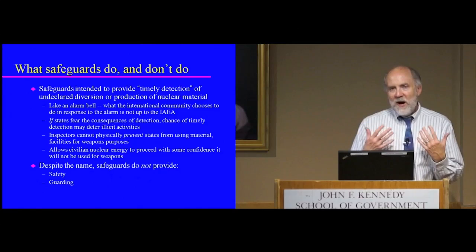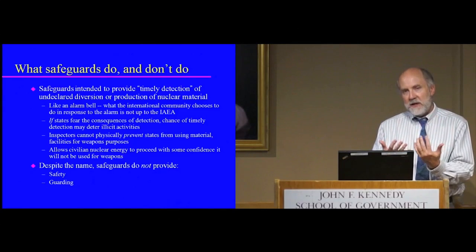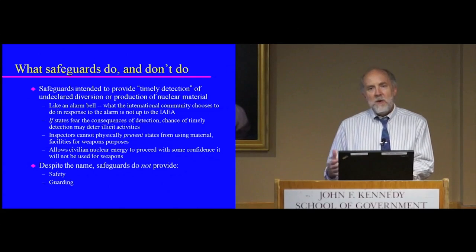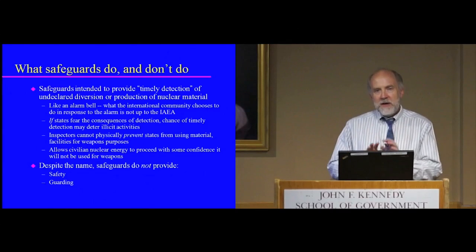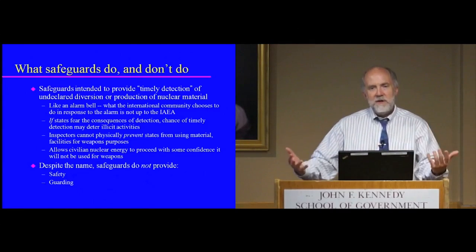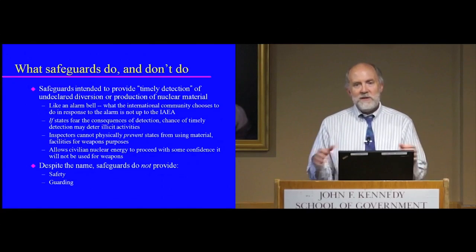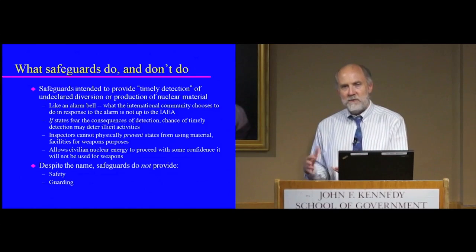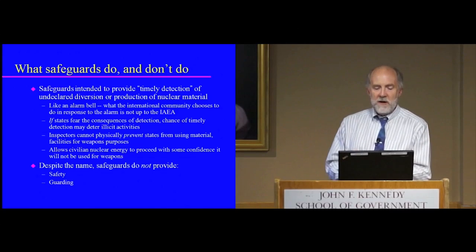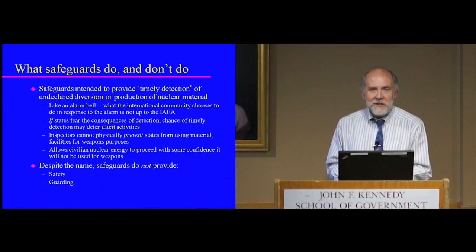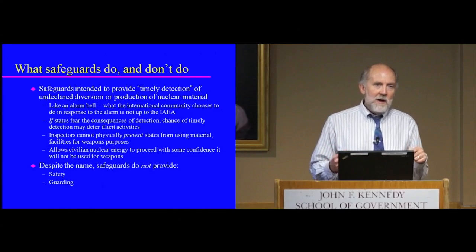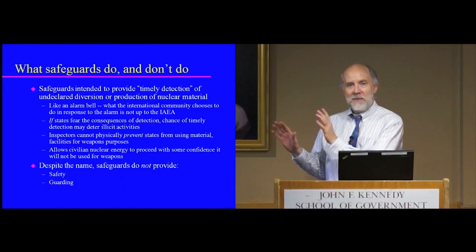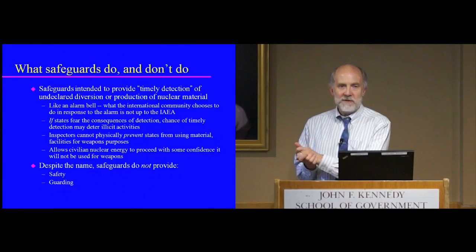And one of the main things in Eisenhower's original vision that such inspections were intended to do was to allow international commerce in civilian nuclear technology with some confidence that that civilian nuclear power technology would not be used for nuclear weapons. Despite the name, safeguards are not about providing safety for the facility, and they're not about providing guarding for the facility.